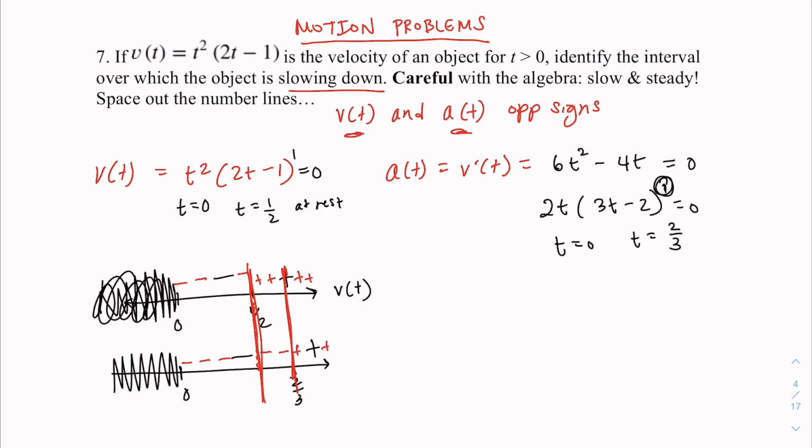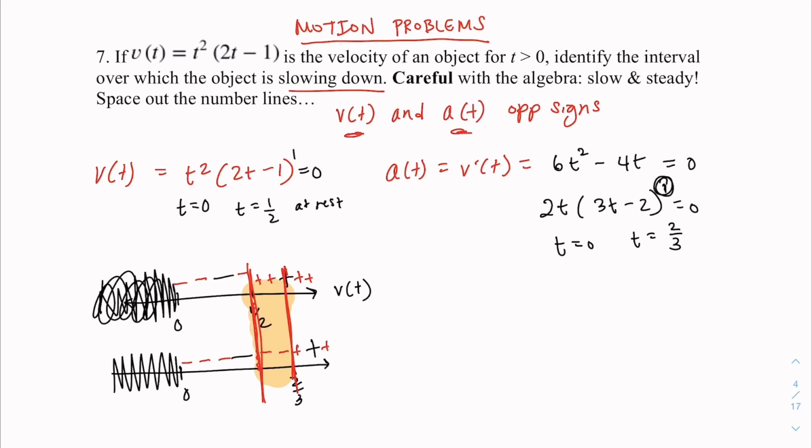So from 0 to 1/2, in this region, notice that our number lines have the same sign. So actually what's happening here is our particle is speeding up leftwards. But between 1/2 and 2/3, our particle is moving to the right, but it's being pushed to the left, so it's slowing down.